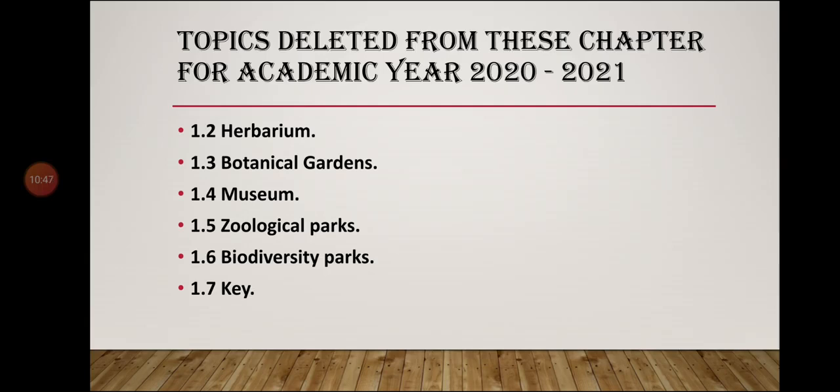But you do not have to study all these topics, because they are deleted from this chapter for this academic year, 2021, as there is a 25% reduction in your syllabus. So you have to study from this chapter only the basic principles of life, that is the characteristics of life, and the rest of the chapter is deleted.